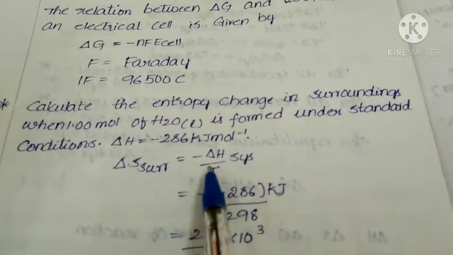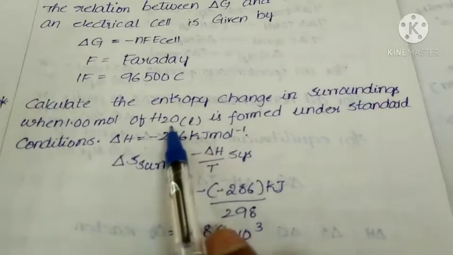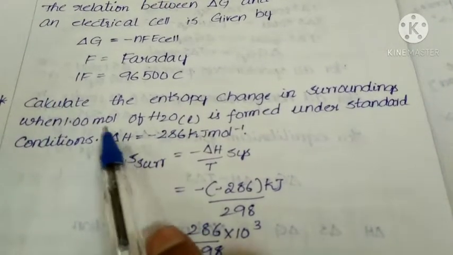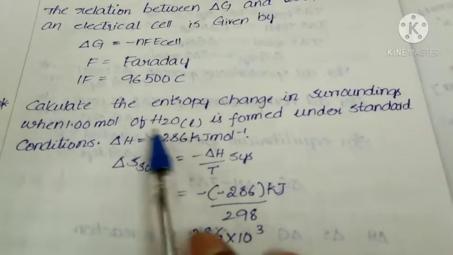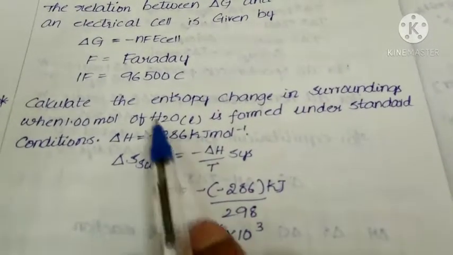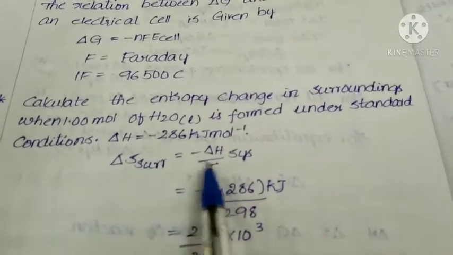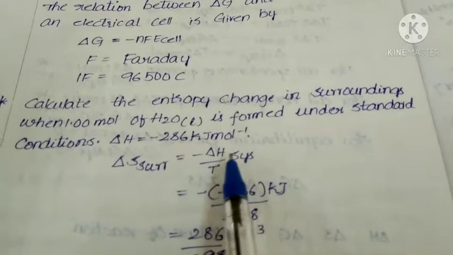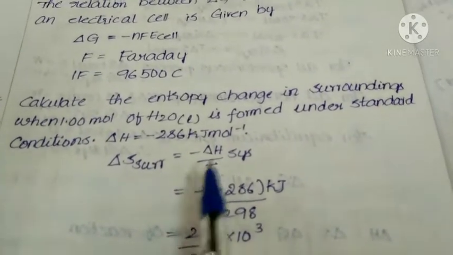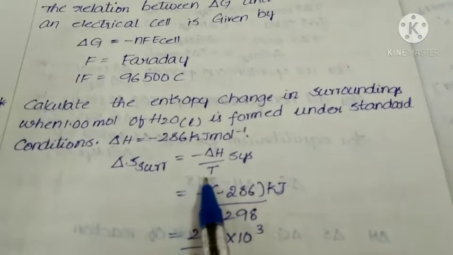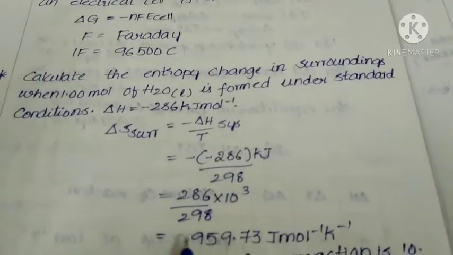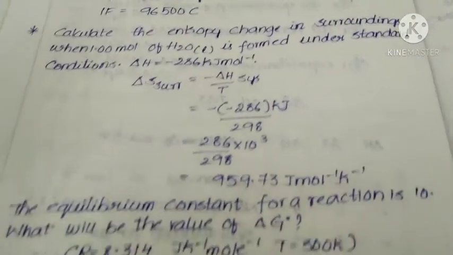Delta S surroundings is equal to minus delta H system by T. If you look at this question carefully, the formation of 1 mole of H2O under standard conditions is the system. Then if you substitute the value here, what is the temperature under standard conditions? 298 Kelvin. Then you get the delta S surroundings value.